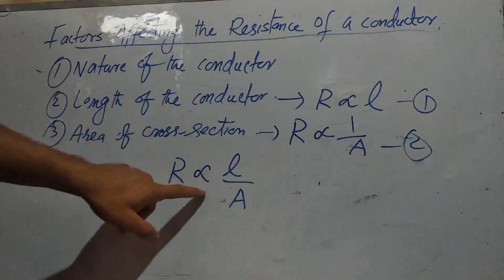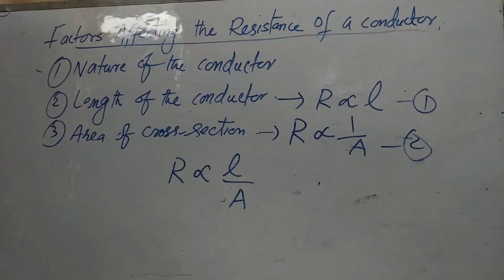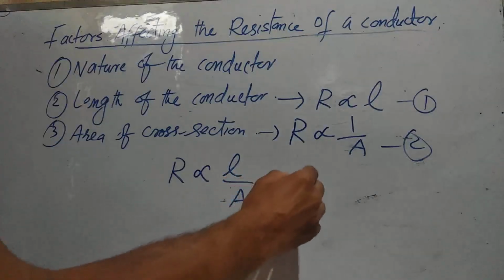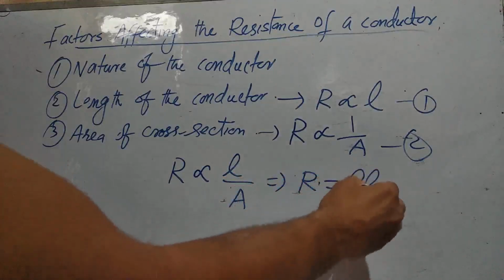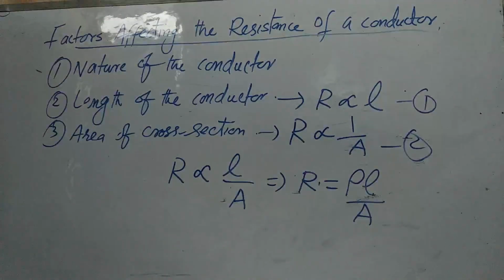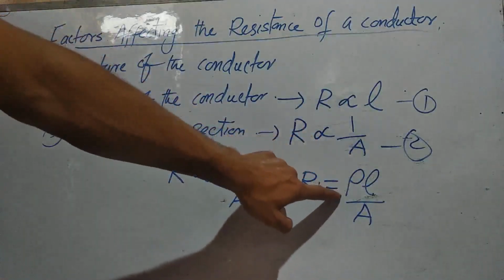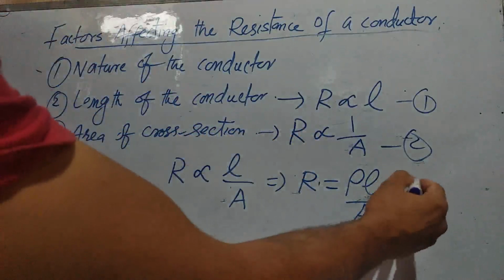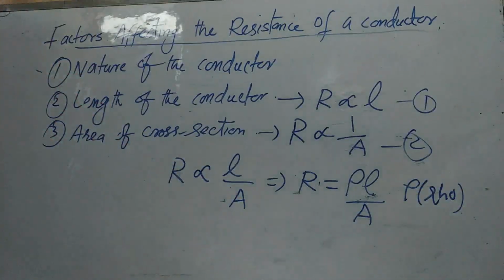So if I eliminate this proportionality, here comes the proportionality constant. R is equal to rho L divided by A. This is a Greek letter, called rho, R-H-O.